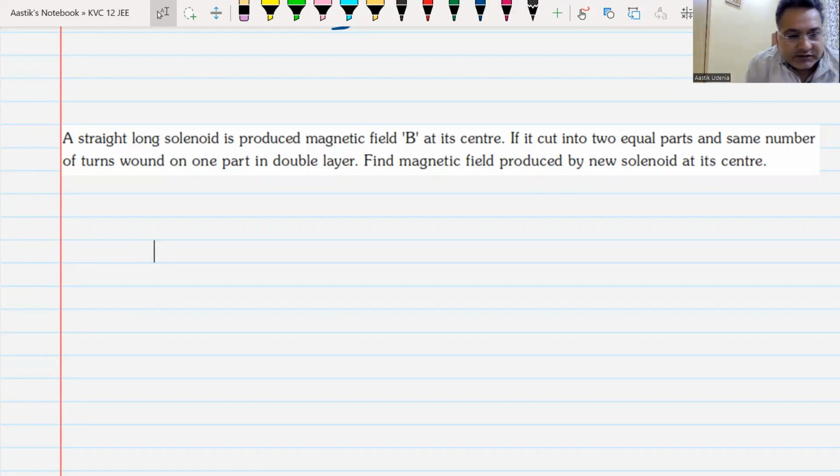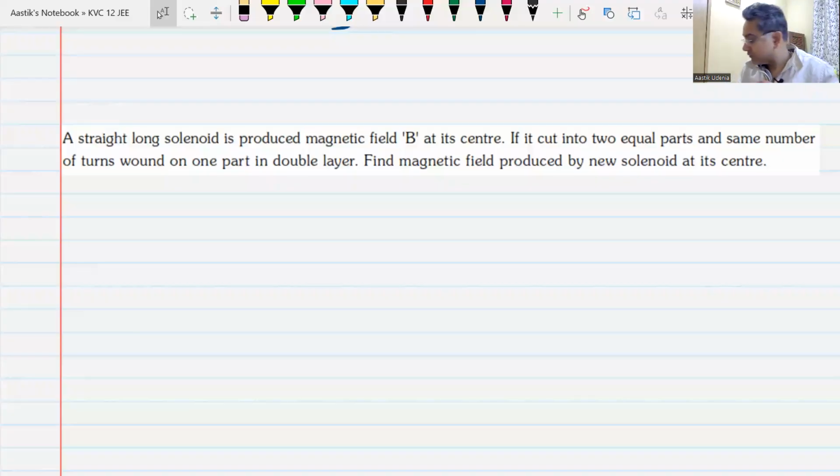Same number of turns. Find the magnetic field produced by the new solenoid at the center. Simple question, sir. No answer, sir.